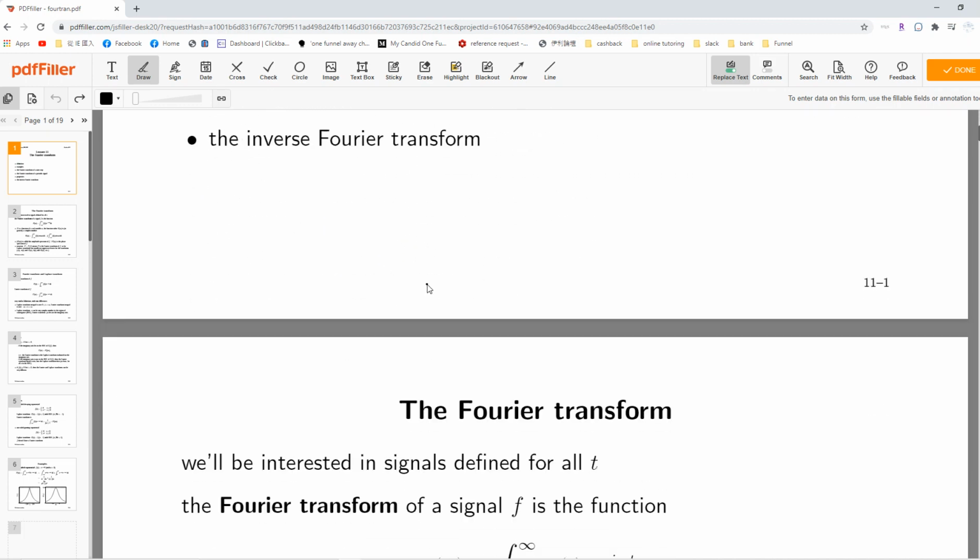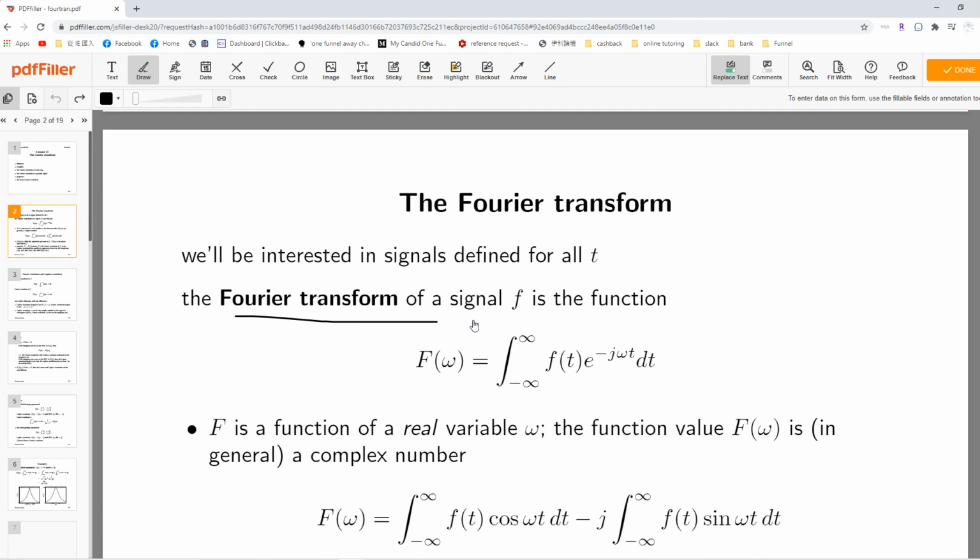So the first one is the Fourier transform definition. If somebody gives you a function f of t, then you multiply by the exponential of minus j omega t. By the way, this j is imaginary, so j squared equals minus 1.